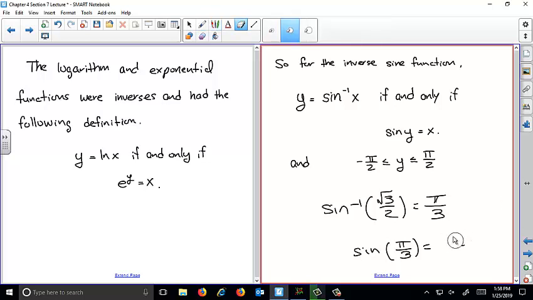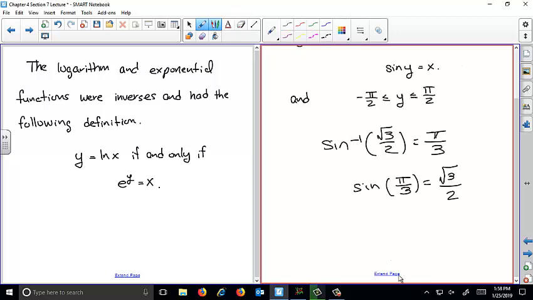It's like when you were doing logarithmic and exponential stuff. If you had 4 to the 3rd power equals 64, that's the exponential form. The logarithmic form would be log base 4 of 64 equals 3. So the same thing applies here. This is the inverse sine version. This is the sine version.